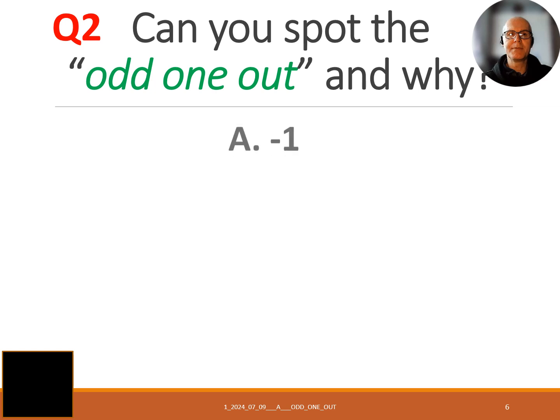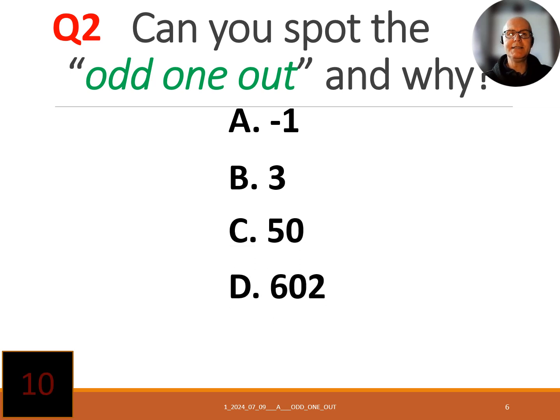Question 2. A. -1, B. 3, C. 50, and D. 602. Can you spot the odd one out and why?